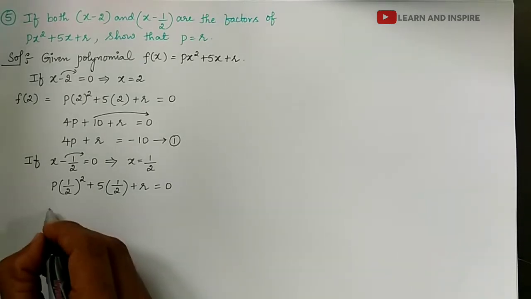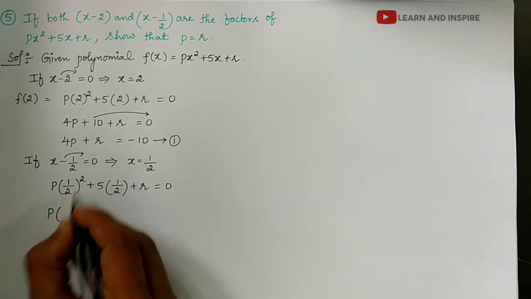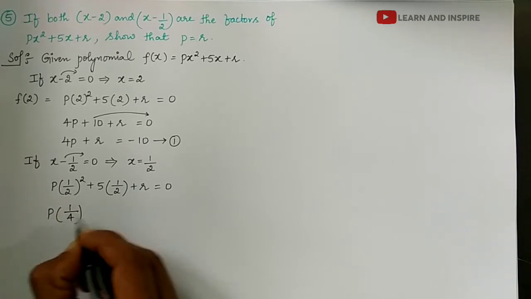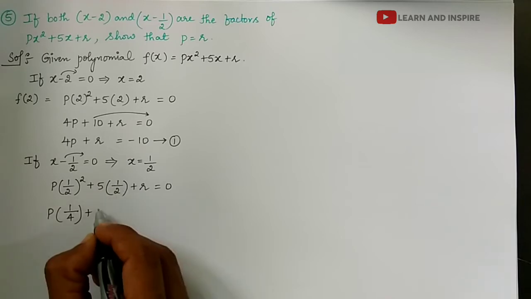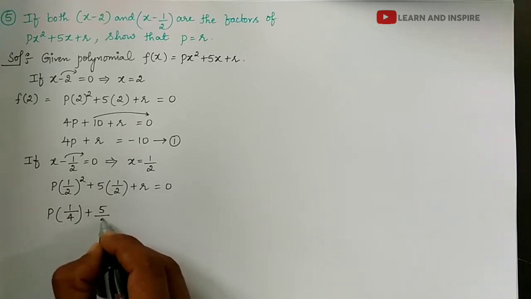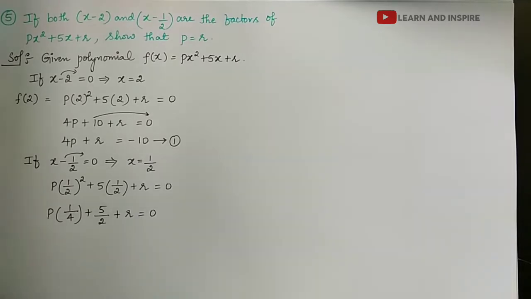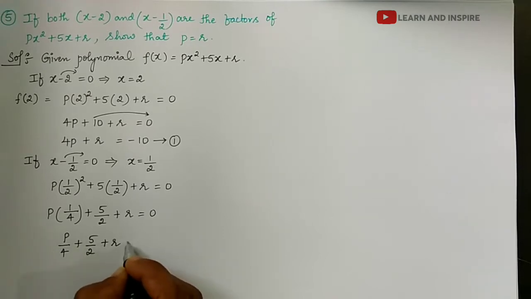Understood? Now p into 1 square is 1, divided by 2 square is 4, plus 5 into 1 is 5 by 2, plus r equals 0. Multiplying this, p into 1 is p by 4 plus 5 by 2 plus r equals 0. Now we can take the LCM.